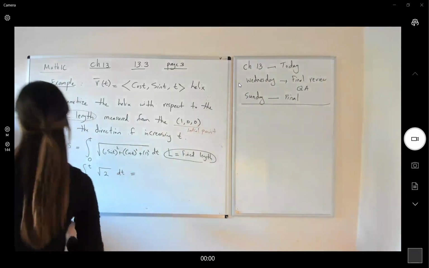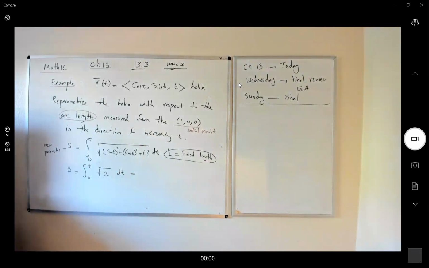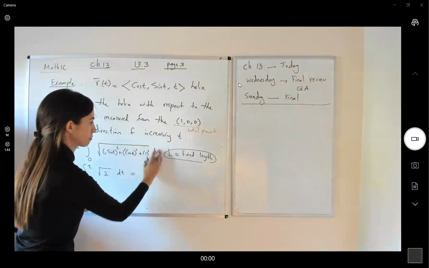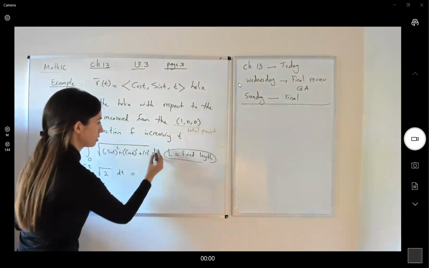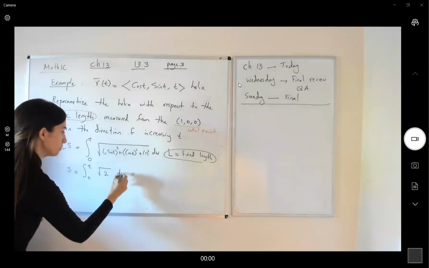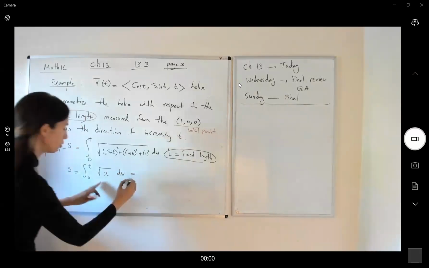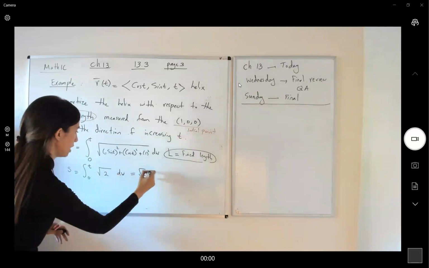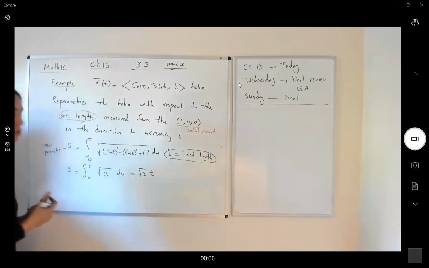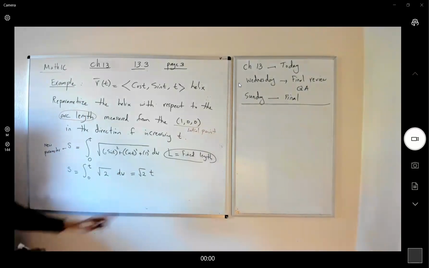Okay, this value is equal to, let's change this variable to dw to avoid any confusion here. This is equal to square root of 2, and your variable ranges between 0 to t, so you get square root of 2 times t.